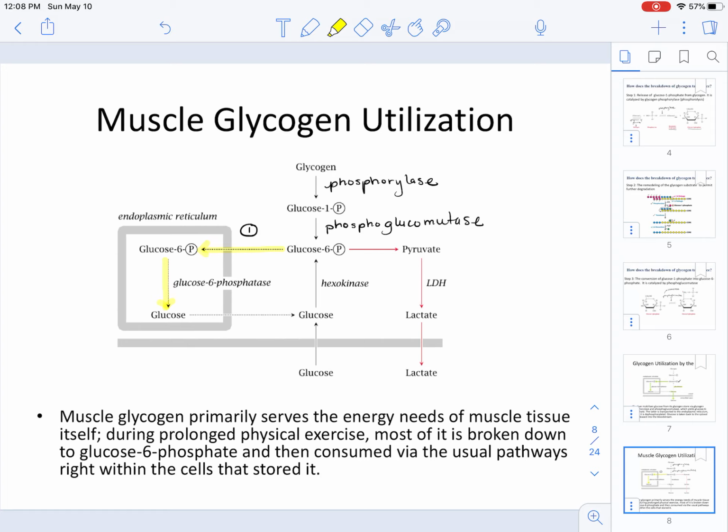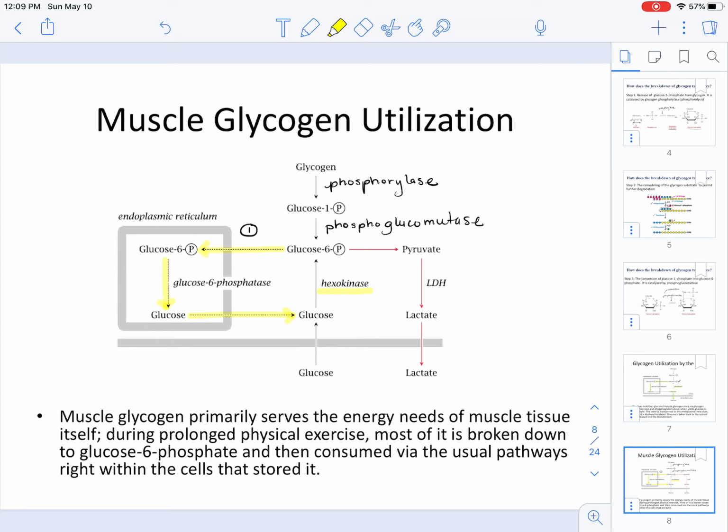But understand that when that glucose is released back into the muscle tissue, one of the things that exists inside muscle is hexokinase. And if you remember glycolysis, hexokinase is the first enzyme that is utilized in the glycolysis pathway in order to retain glucose through glycolysis.